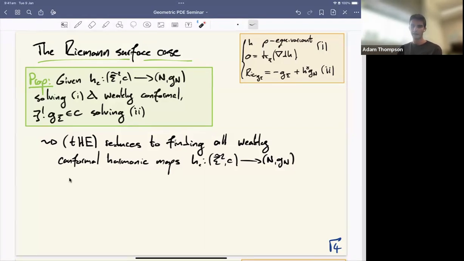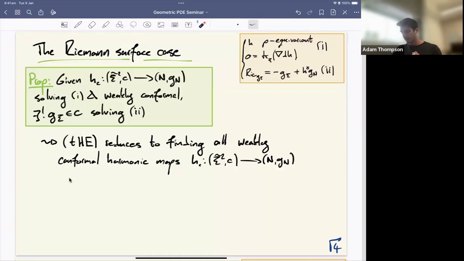And then I know I can change my metric within the conformal class to get this base equation. Okay, so that's a really nice reduction of this problem here. And so then, yeah, we're left looking for these C such that when I apply Corlette's theorem to get this harmonic map coming out, then I'm also weakly conformal.